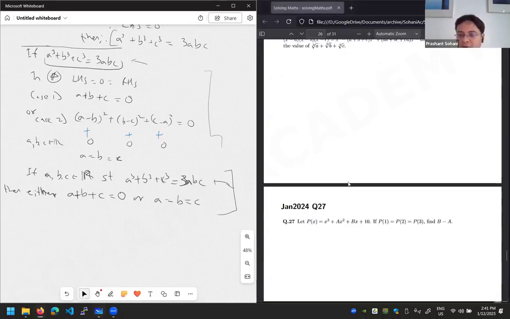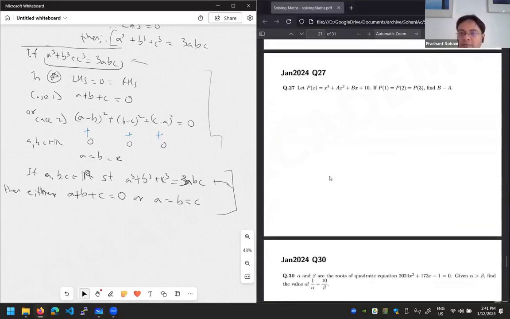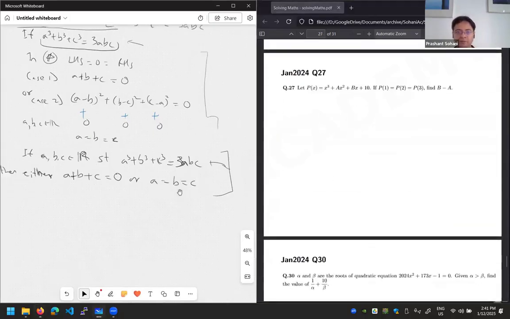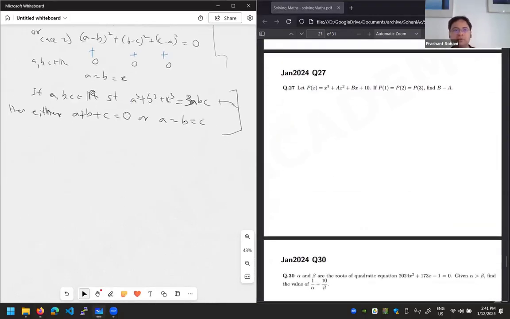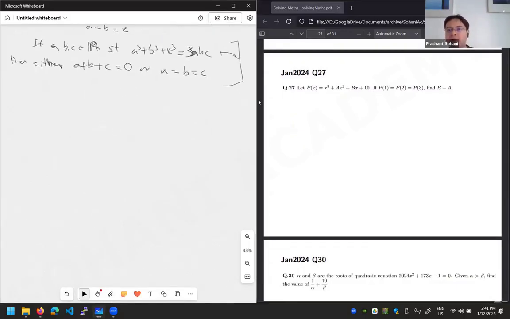Okay, so let me go to the next question, question 27. I think this is again one of the simplest questions because all there is to be done is just substitute the values of 1, 2, 3, and you will get some equations.